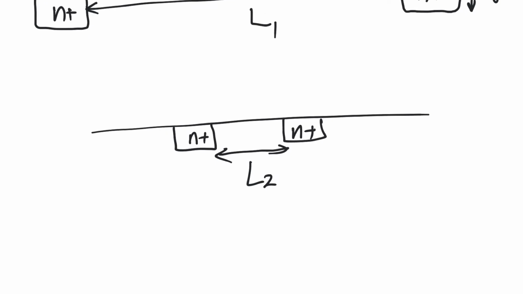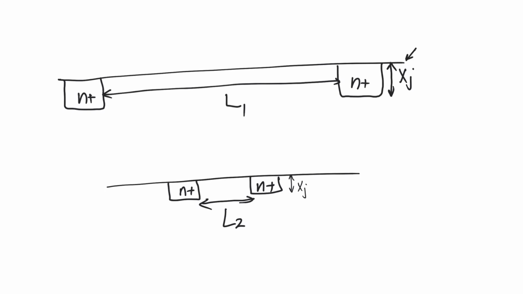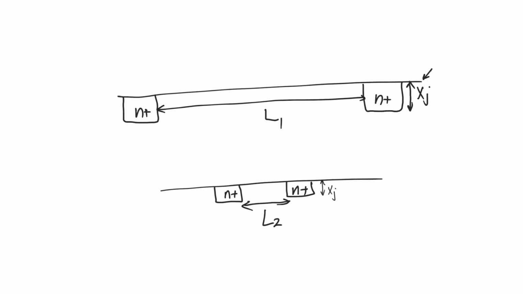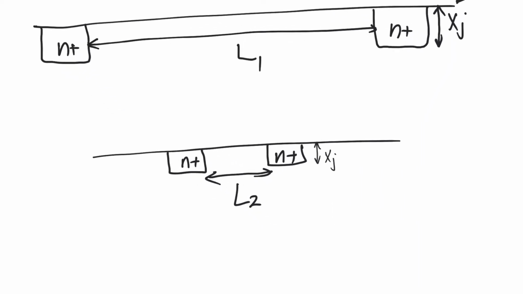If you look at this dimension, xj, which is the depth of the drain, this dimension was negligible in relation to the channel length in a long channel transistor, which allowed us to basically consider the drain and the source to be zero depth, zero resistance terminals. This is not true for a short channel transistor because L is much smaller, and it's now comparable to xj, the depth of doping in the drain and the source.